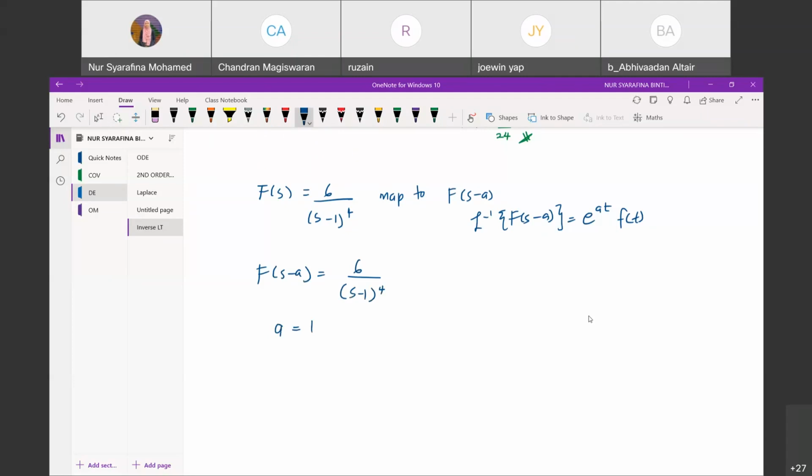So when a equals 1, then F(s) equals 6 over s to the power of 4. Okay, so can you relate the relation here? When 6 over s to the power of 4, we apply the inverse transform to get f(t).